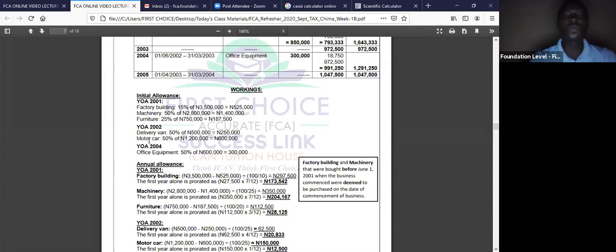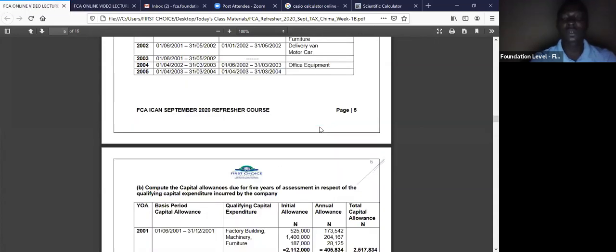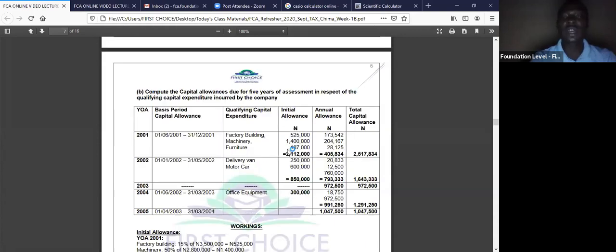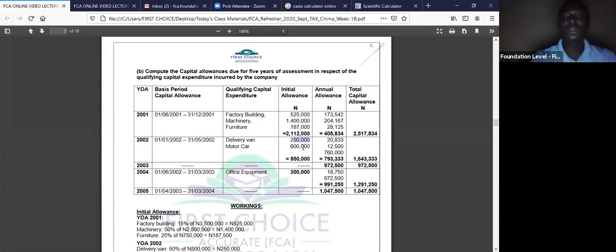You look for the initial allowance, 50% of the costs, gives you 250. For motor car, you look for 50% too of the cost, it gives you 600. So these are the 2 things you need here. So you see them here, 250 and 600 will give you 850,000 as your initial allowance.